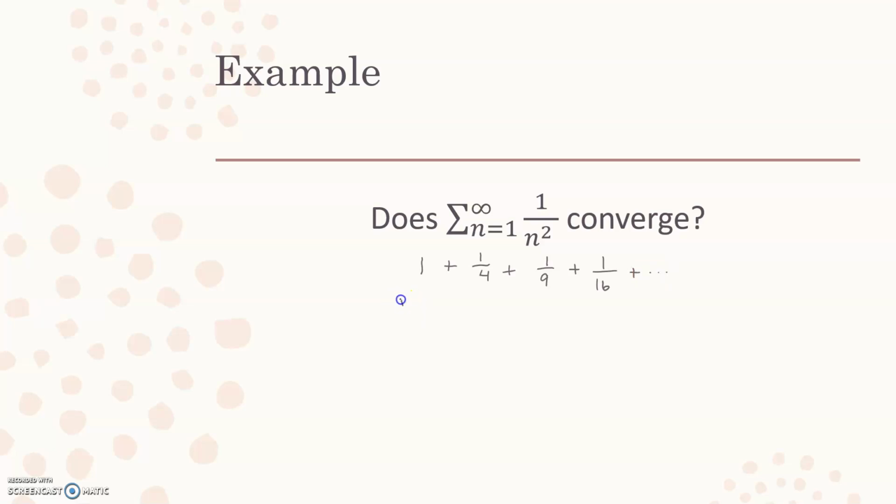If I write this as a function, we know that f of x equals 1 over x squared is a positive decreasing function. If you need to prove to yourself that it's decreasing, you could take a first derivative and show that it's negative for x greater than or equal to 1.